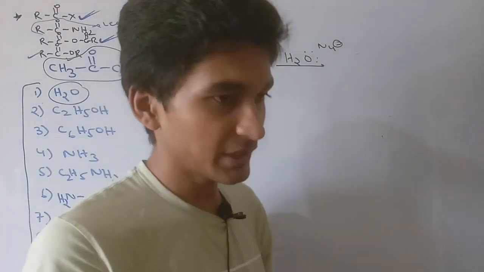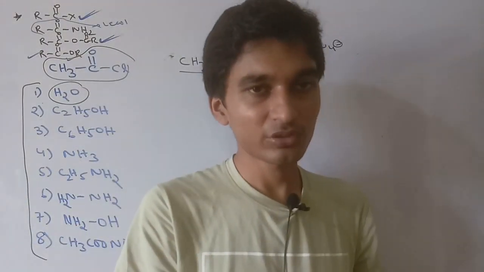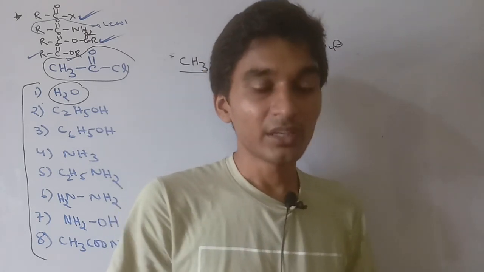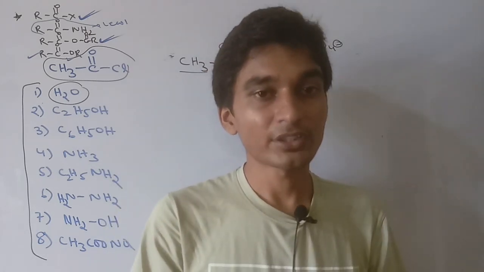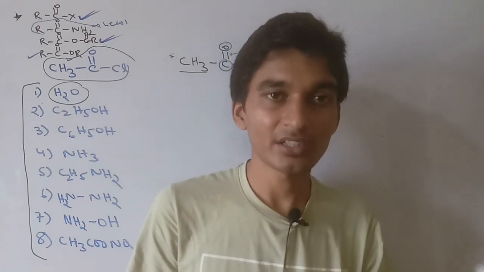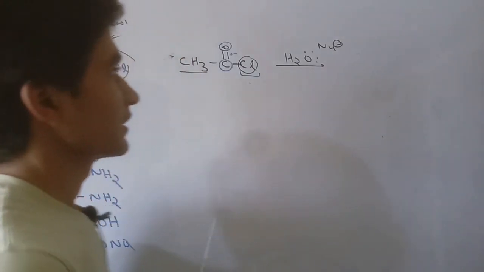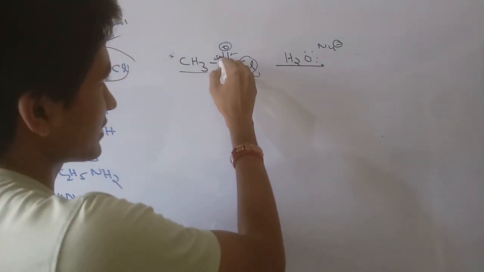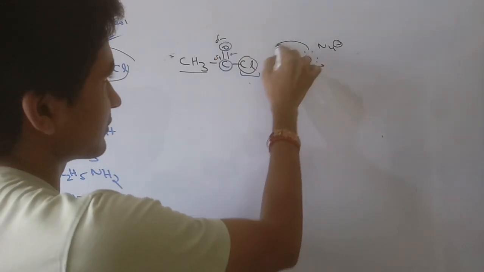Oxygen has a complete octet, and the second condition is a lone pair. If a lone pair is present after the completion of the octet, then that molecule is considered a nucleophile. So this is the nucleophile, and it will attack here because delta positive charge is present here and delta negative charge is present there.